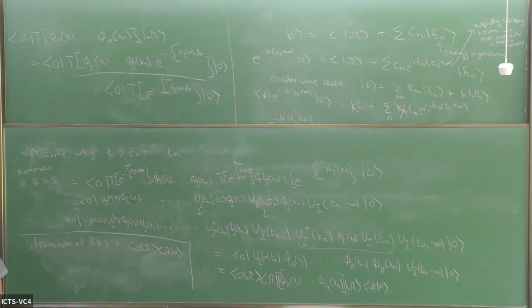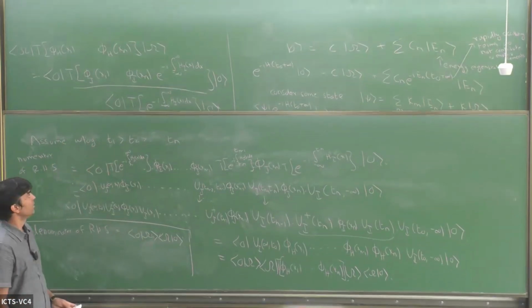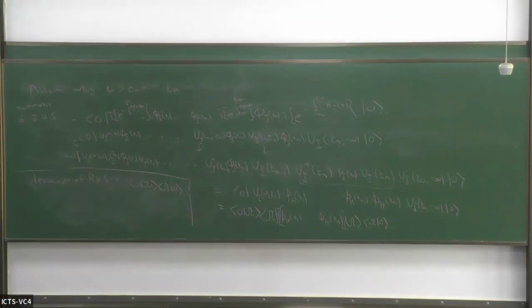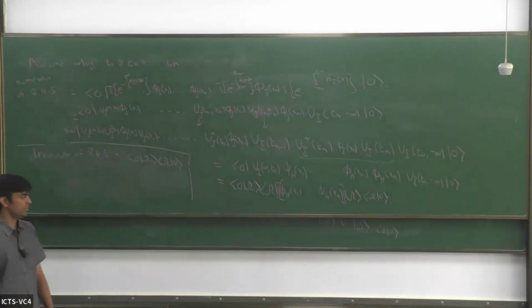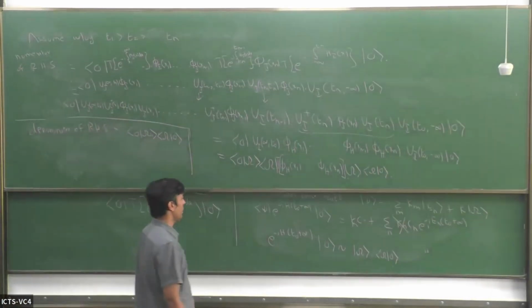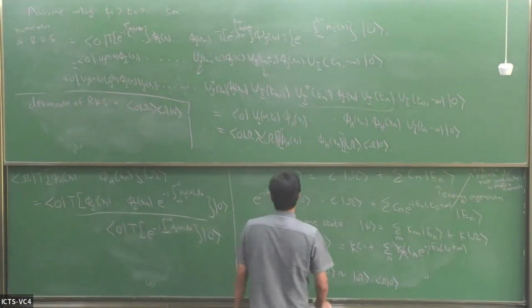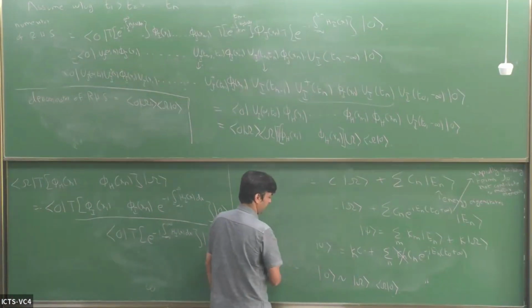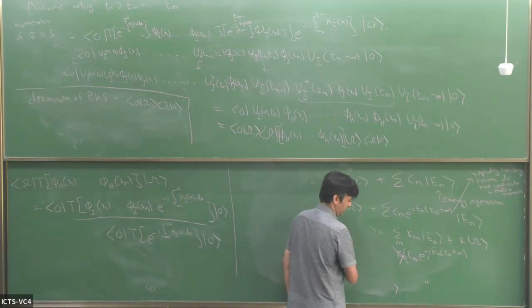So, for instance, let me give you an example. Okay, let me give you one example and then we'll stop. Say I want to compute the 4-point function in phi to the 4th theory.